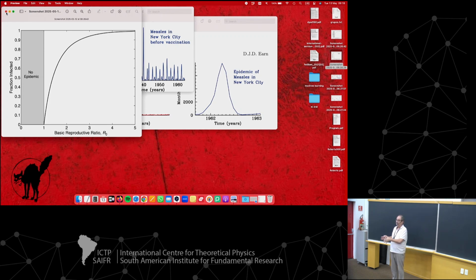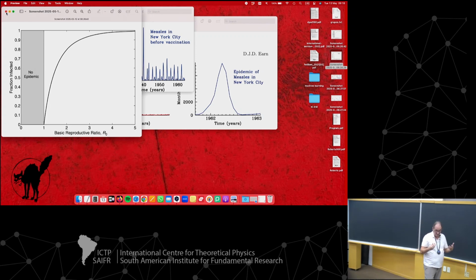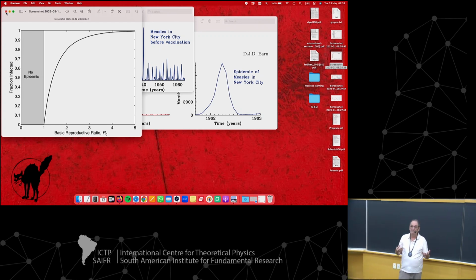So something which can be calculated at the very beginning gives you a result about what should happen over the whole epidemic, which gives you at least an order of magnitude of how bad this can be, okay?